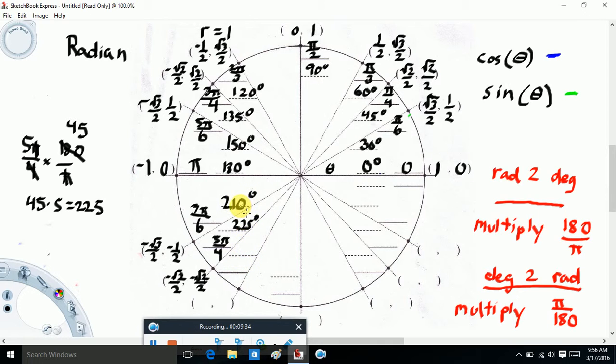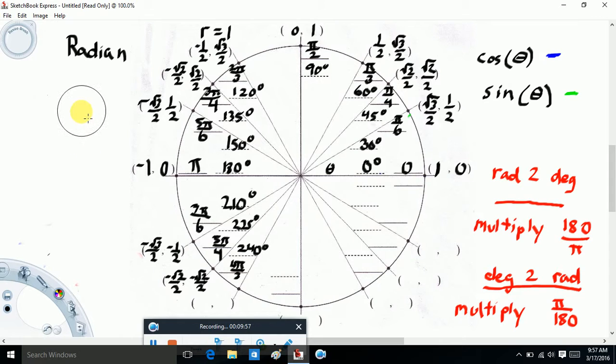We have 240. This is going to be 4 pi over 3. Again, a quick check: 4 pi over 3 should equal 240.